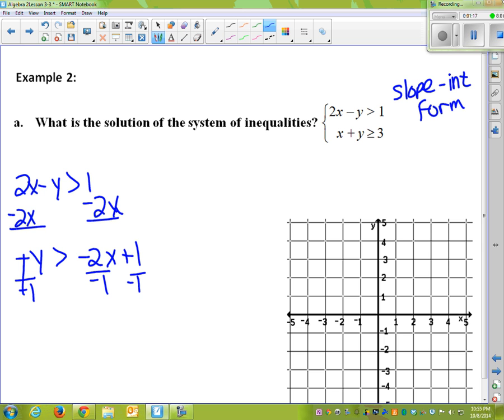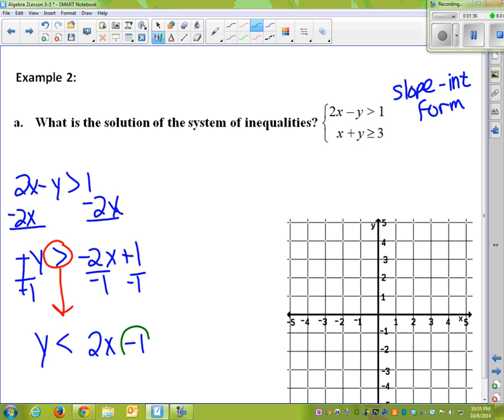And when we do that, remember that your symbol switches from greater than to less than. The two negatives go positive, and then minus 1.